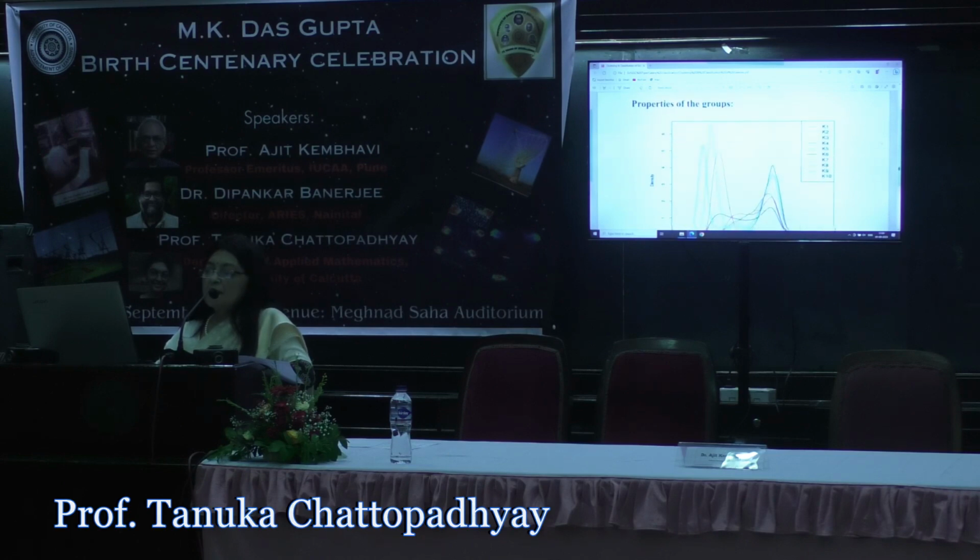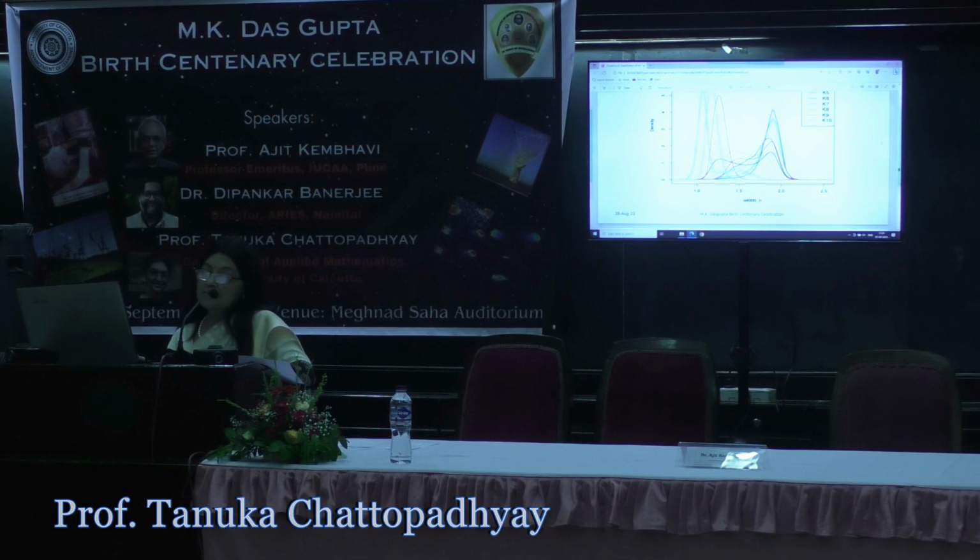Then we have studied the properties of the groups, the density. Actually, we have bimodality, one young and one old type of galaxy, but we see that the different groups have different density in the middle also. There is a green valley also there.